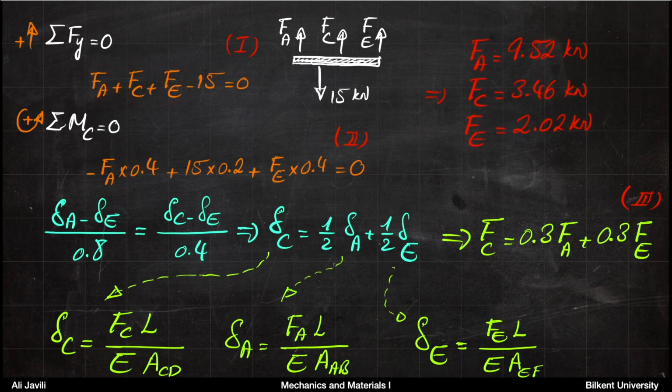And using the three equations, you can calculate the three unknowns, and you would see Fa is 9.52 kilonewton, Fc 3.46 kilonewton, Fe 2.0 kilonewton, and then remember that we have drawn the forces like this.